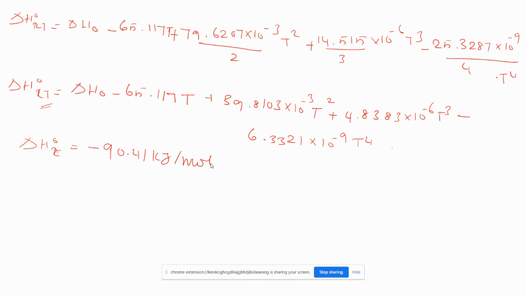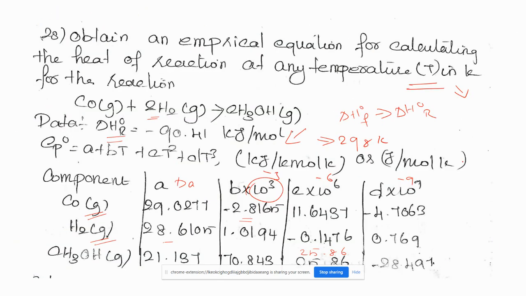Okay, either you can keep it in joules per mole or kilojoules per mole, or you can convert it into joules per mole. So we are converting this into joules per mole. Always keep it in joules per mole. So you will get it as minus 90410 joules per mole at 298 Kelvin, because the Cp naught data, whatever will be given, will be in kilojoules per kilomole Kelvin or joules per mole Kelvin.